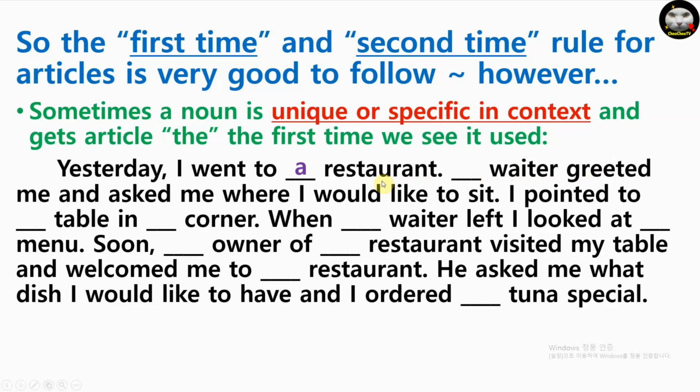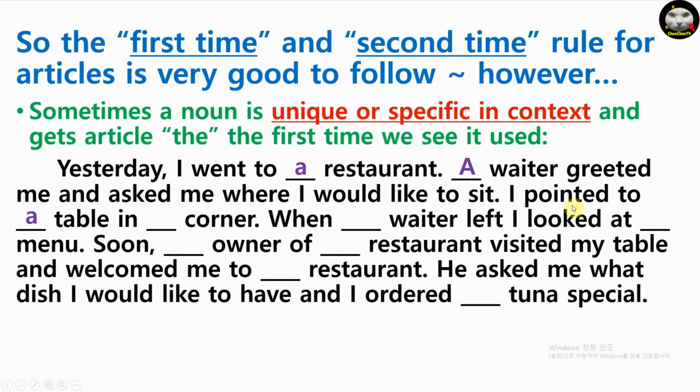Blank waiter greeted me. Restaurants have many waiters. They're not unique. So we start with a. So a waiter greeted me and asked me where I would like to sit. I pointed to a table. Well, restaurants have many tables. They're not unique. In blank corner. Oh, be careful.